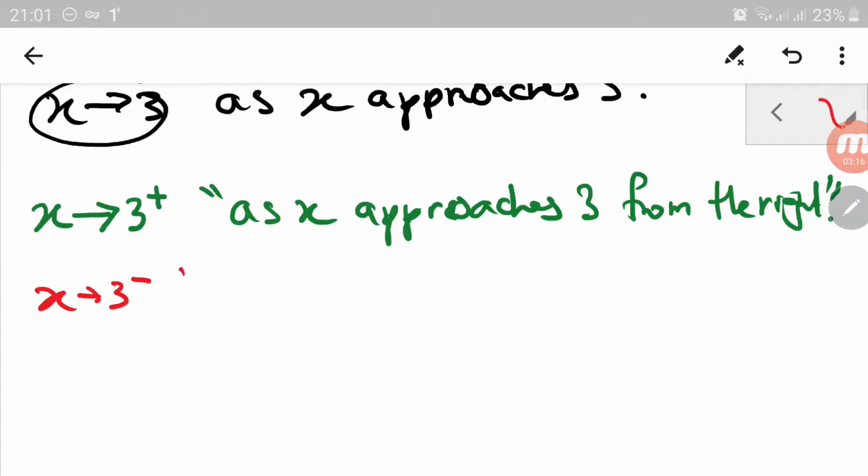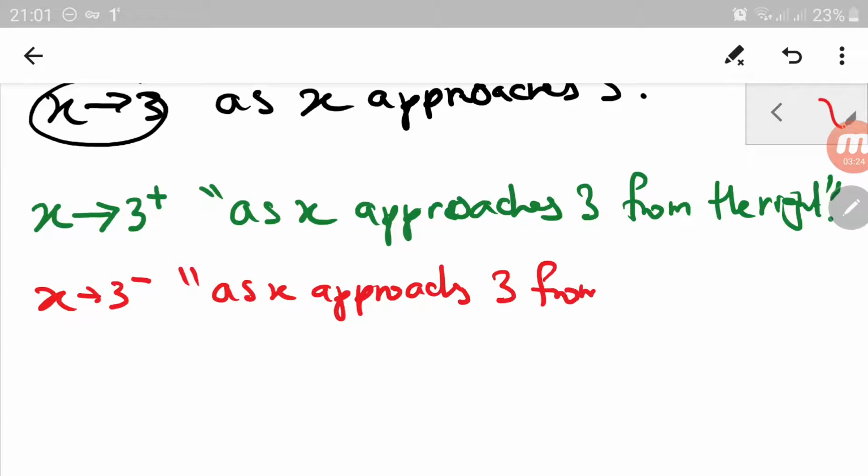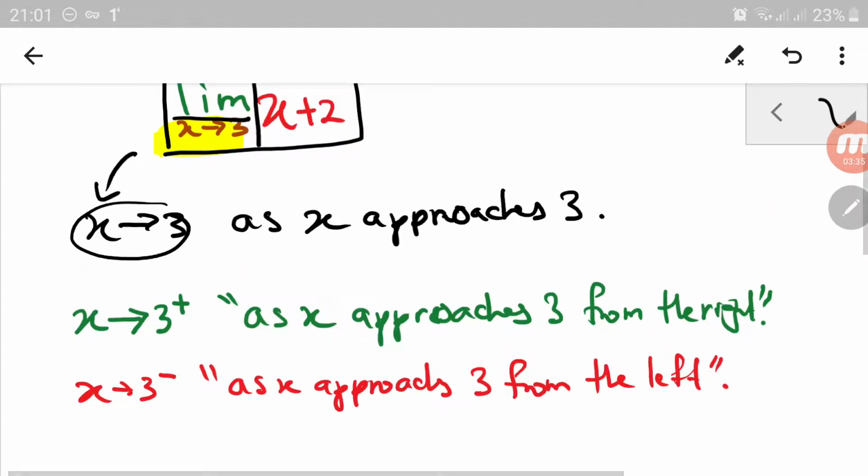Just put this symbol. As x approaches 3 from the left. So simple. Now we've got this on how to write it properly.